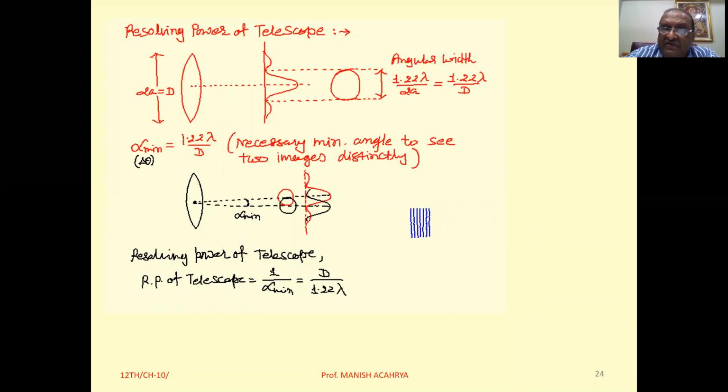If the distance between the central maximas of these two images is closer than this, then the images will overlap each other and you will not be able to distinguish those two as two distinct objects. So for that, Rayleigh suggested this thing: this angle alpha should be minimum 1.22 lambda by d.